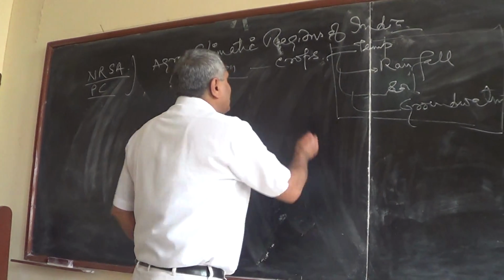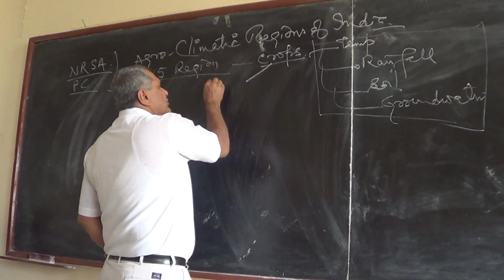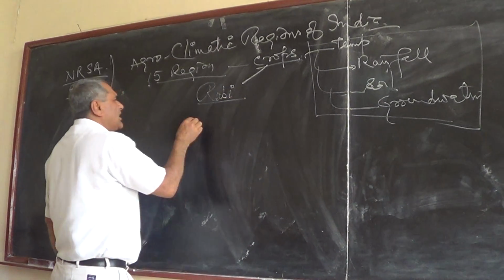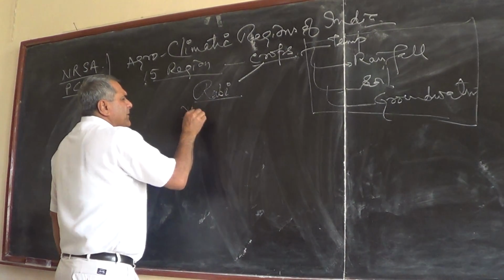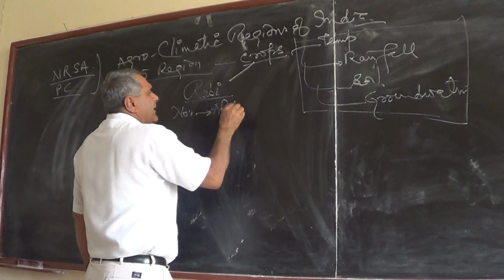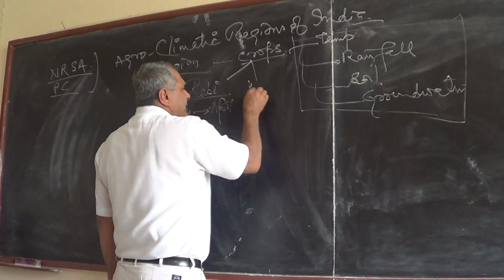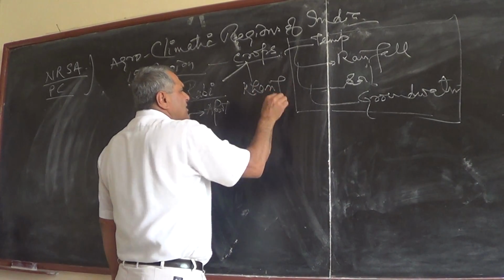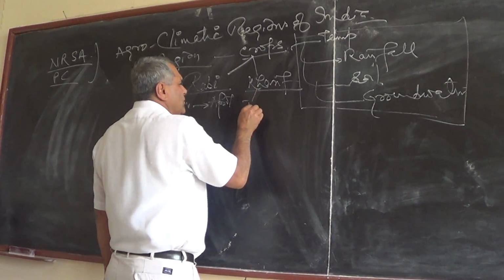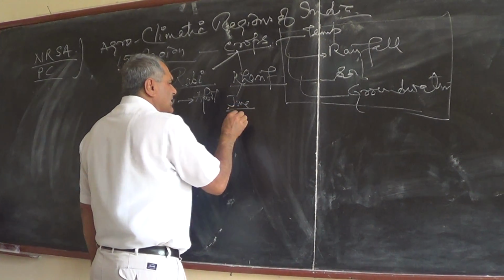So broadly we have 3 cropping seasons. One is called Rabi crop. It starts from say November and moves up to April. And the Kharif crop. Kharif starts from say June, sometimes July.